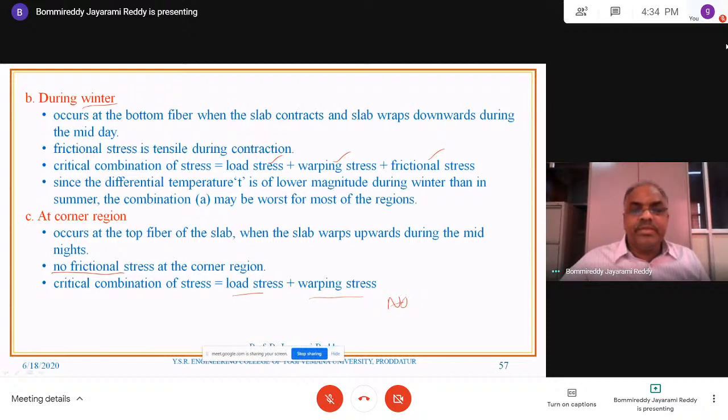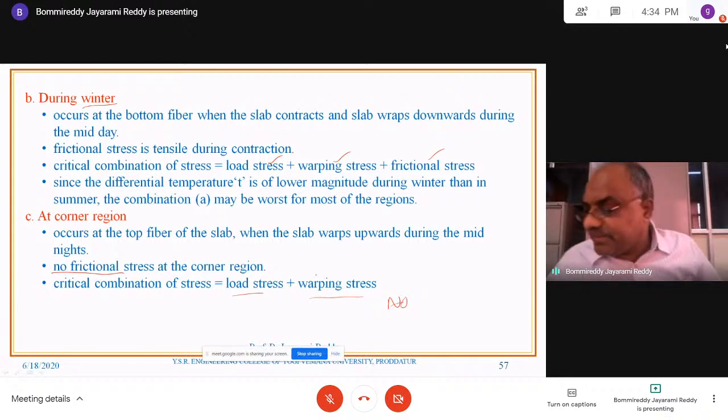In summer, load stress plus warping minus frictional. In winter, load plus warping plus frictional. And at the corner, load stress plus warping stress. No frictional stress will come into the picture. These are the only three cases that you can remember for the critical stress combinations.